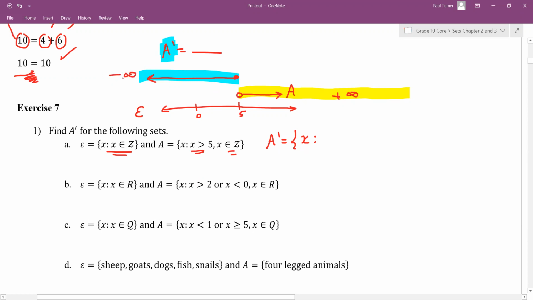Not A will go to negative infinity in that direction. So not A, X would be X is less than or equal to, because A doesn't include 5, so in not A you must include 5 going that way. So that would be less than or equal to 5, and X is an integer. Is that okay? Yes or no?